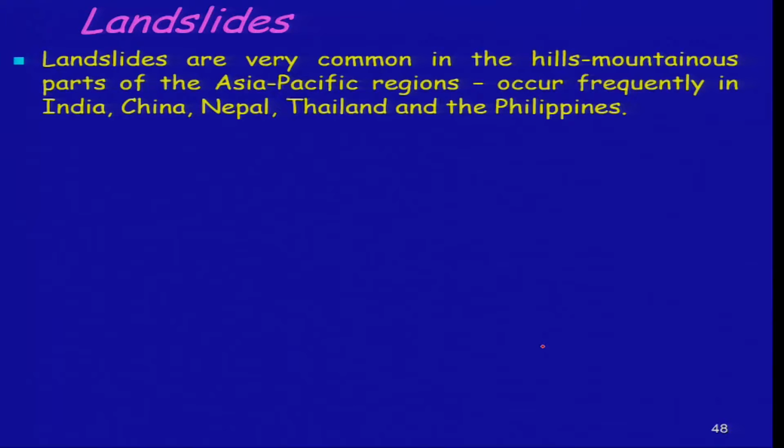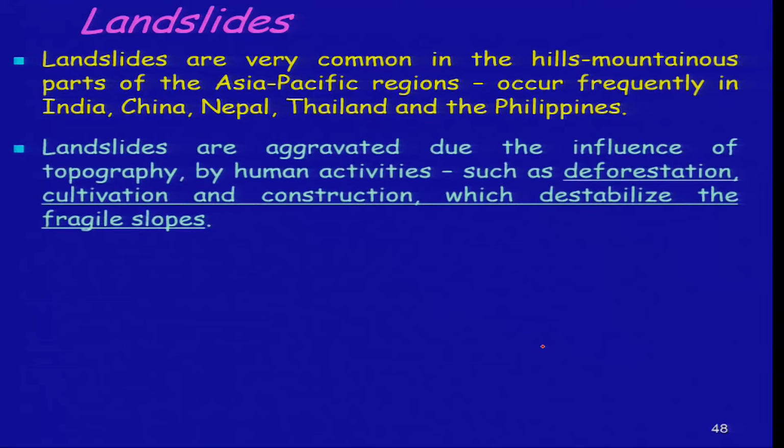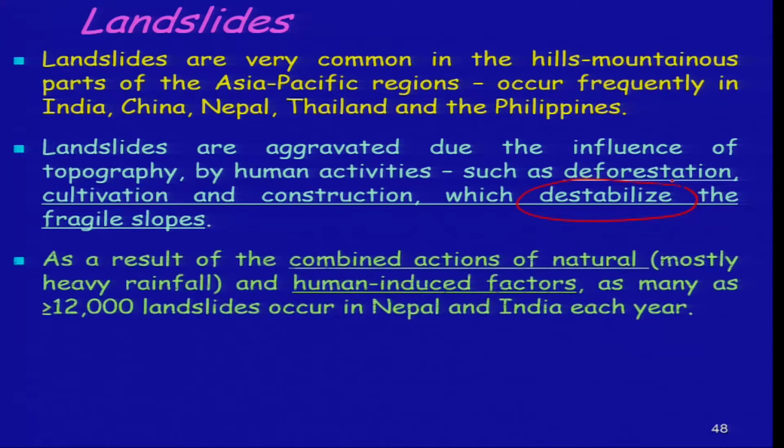Then coming to another part, landslides are very common in the hilly and mountainous parts of the Asia Pacific region, and occur frequently in India, China, Nepal, Thailand and the Philippines. Now, landslides are aggravated due to the influence of topography, and to some extent by human activities such as deforestation, cultivation and construction, which destabilize fragile slopes.